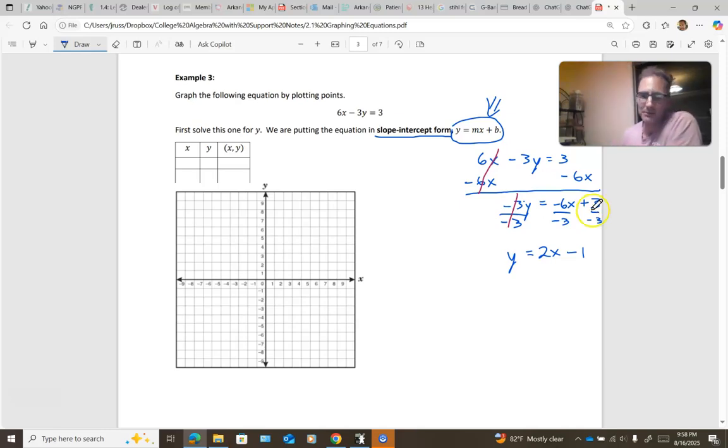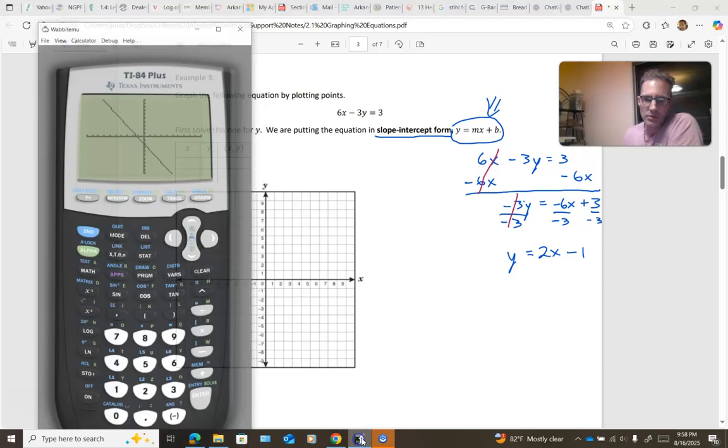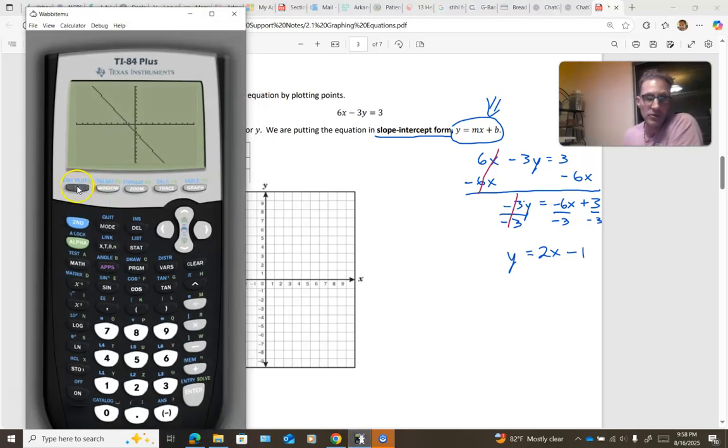All right, so now I have it solved for y, so now I can go about picking my values of x. But you know what? I'm just going to use my calculator this time, and you'll see why in a minute. So I'm going to retype this in. See, I can't use my calculator unless it's expressly solved for y. Now I can type in 2x and then -1.